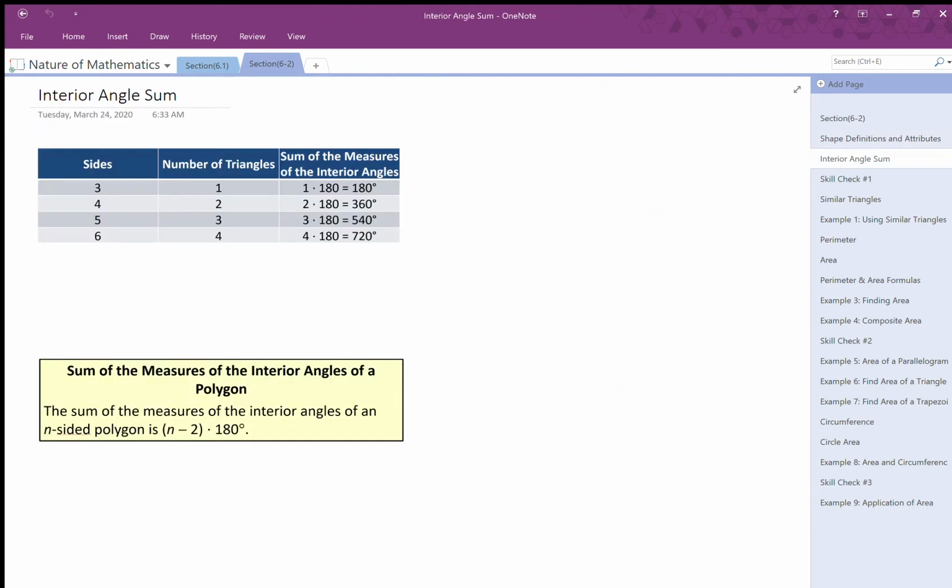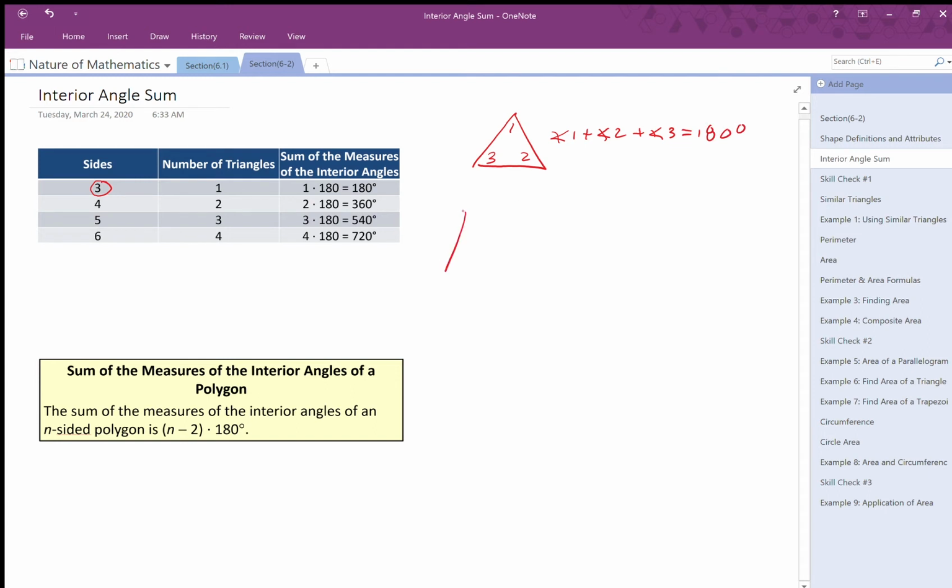For the interior angle sum, we can see that a triangle, a polygon with 3 sides, has 1 triangle and is equal to 180 degrees. So angle 1 plus angle 2 plus angle 3 equals 180 degrees.